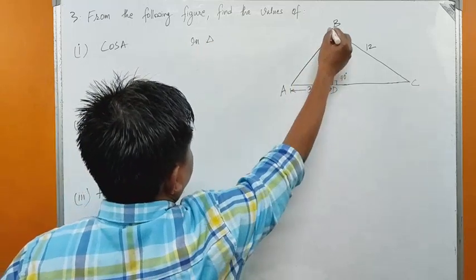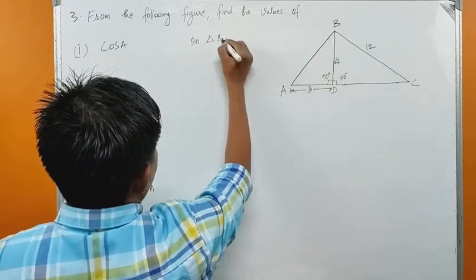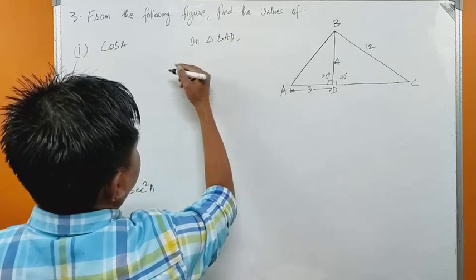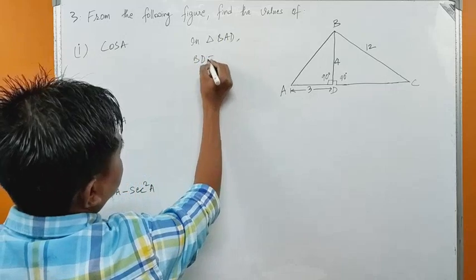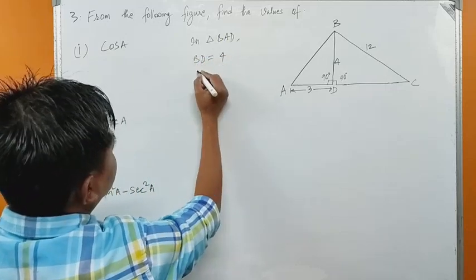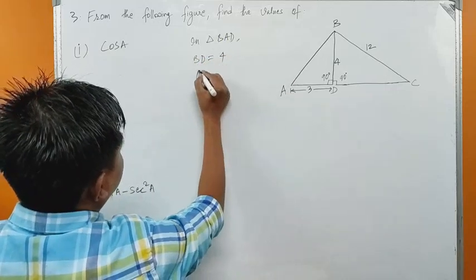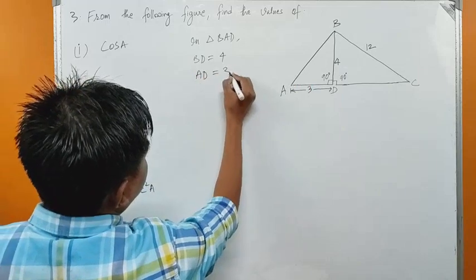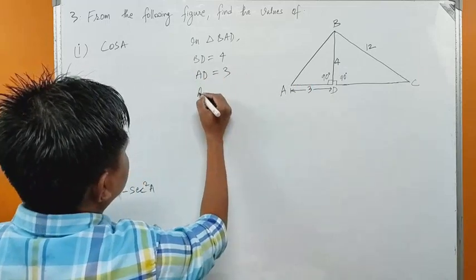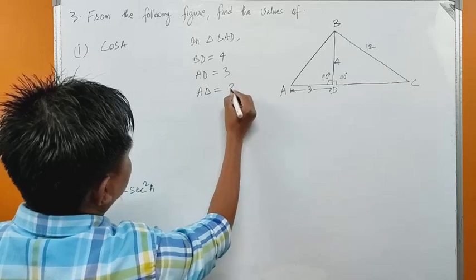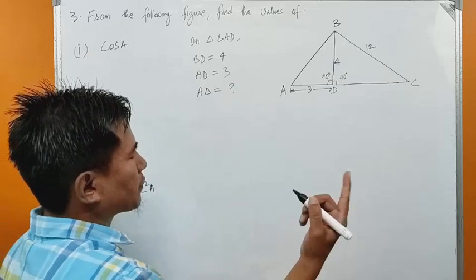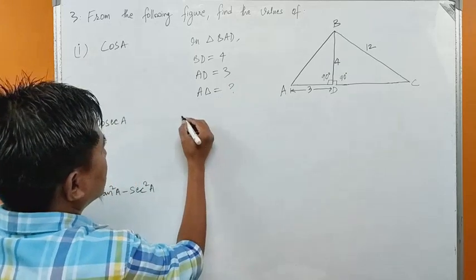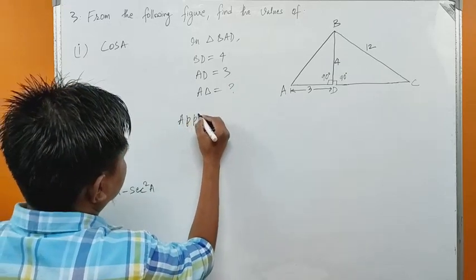So in triangle BAD, BD is given to us, BD equals 4, AD is given to us, AD equals 3. Now AB is not given to us, AB equals question mark, isn't it? So hypotenuse square equals perpendicular square plus base square, applying Pythagoras theorem.